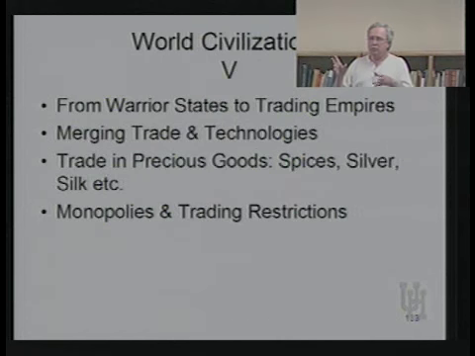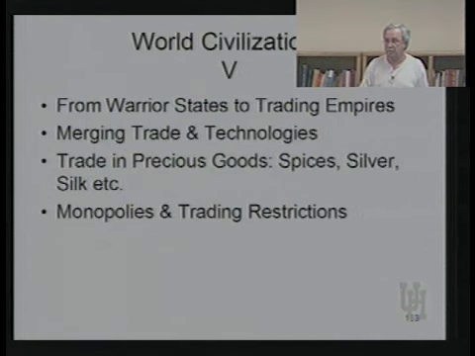They are particularly focused at this time on trade in precious goods, spices from the East, silver from the Americas, silk from Asia.